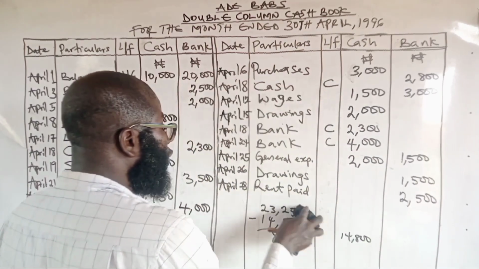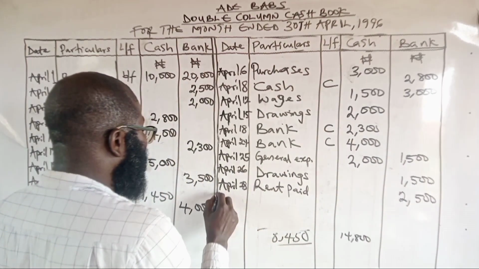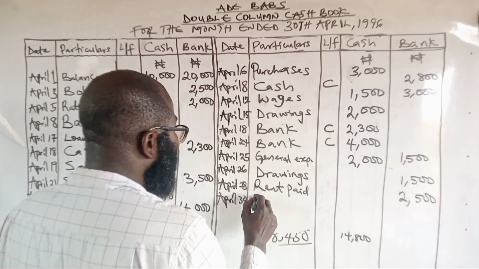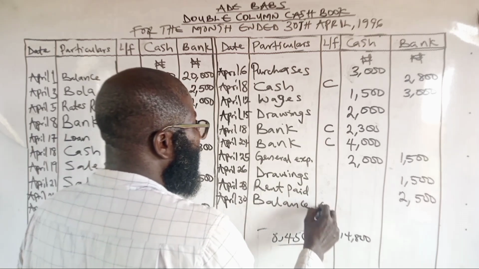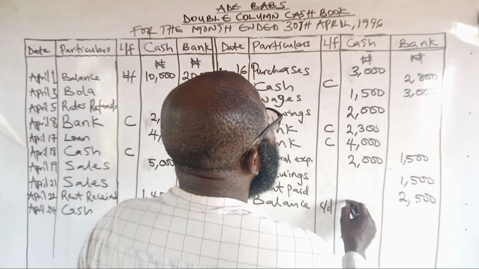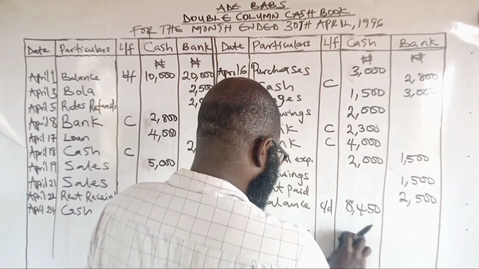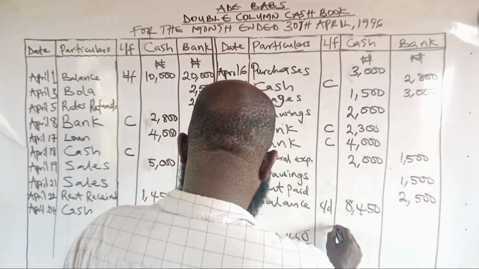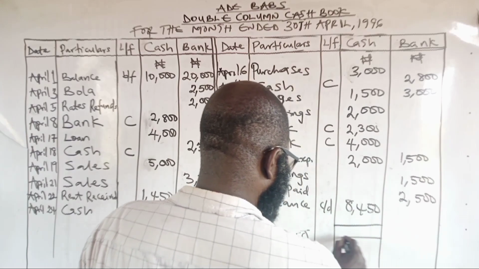Therefore, you will now come to this side, you write April 30th, meaning that at the end of April 30th, the balance carried down will be 8,450. You come here, 8,450. Now, 8,450. You now come here, leave a line, then do it this way.